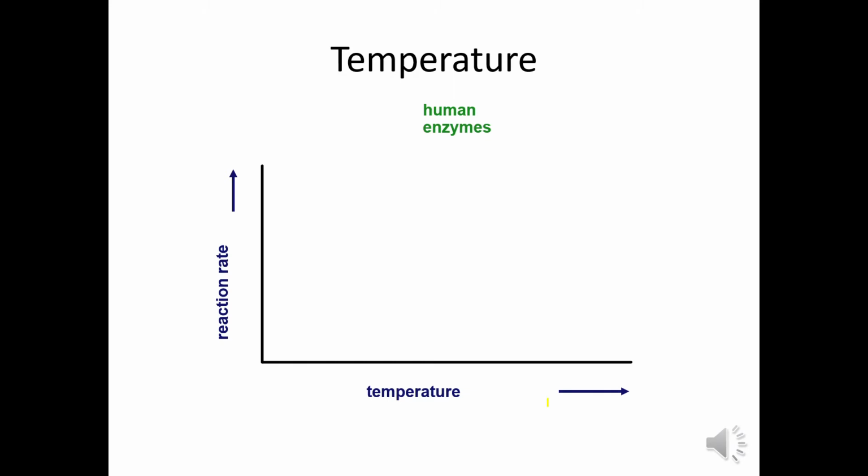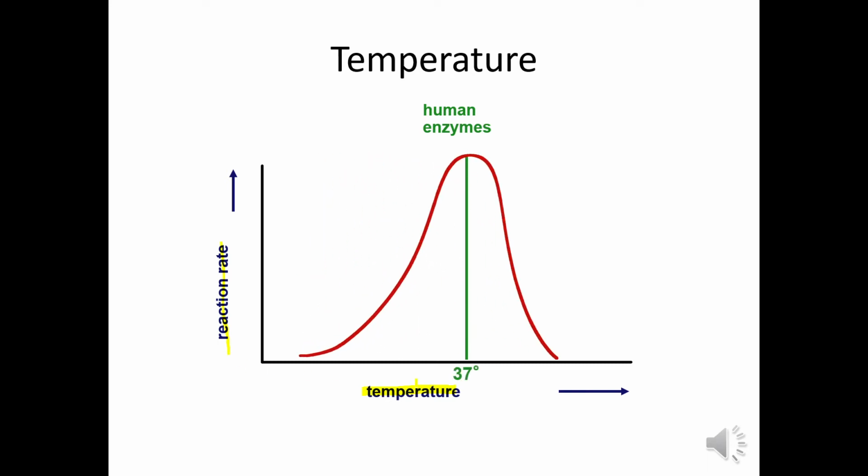For example, here's a graph comparing higher temperature to the reaction rate of the enzyme. So looking at this graph here, you can see that as temperature is getting hotter, the reaction rate is going faster. So the higher the temperature, the faster the reaction.